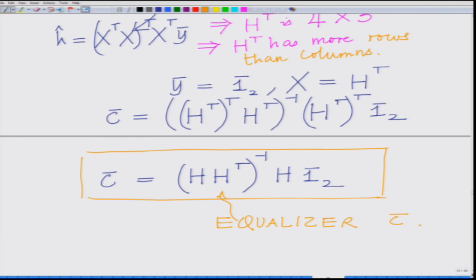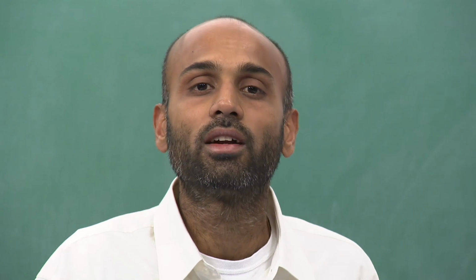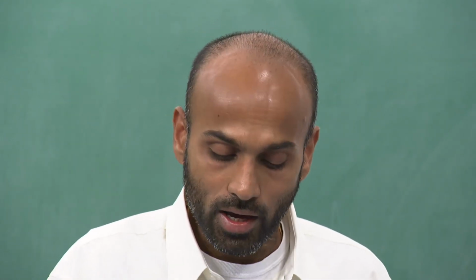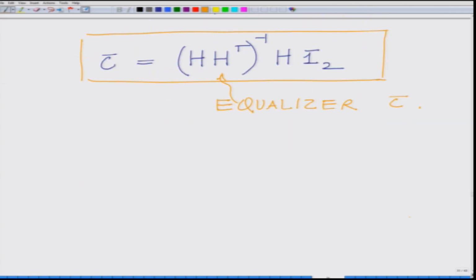We have already defined the matrix H earlier, and 1 bar 2 is also the vector that we have defined before. But just to remind you, 1 bar 2 is the vector 0 0 1 0.